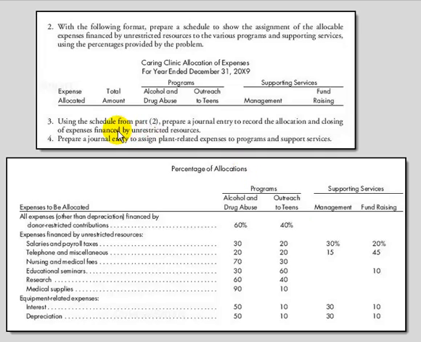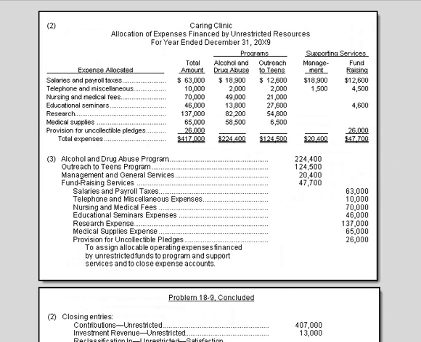Okay, part 3 says, using the schedule from part 2, that's down here, prepare a journal entry to record the allocation and closing of the expenses financed by the unrestricted resources. Okay, and now you can see how that's done.